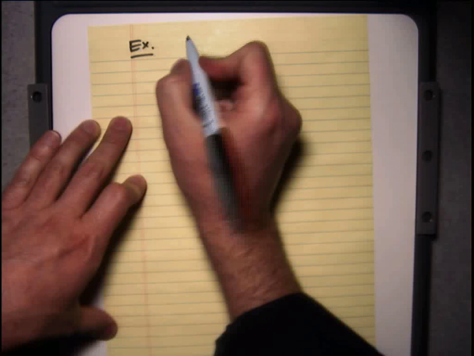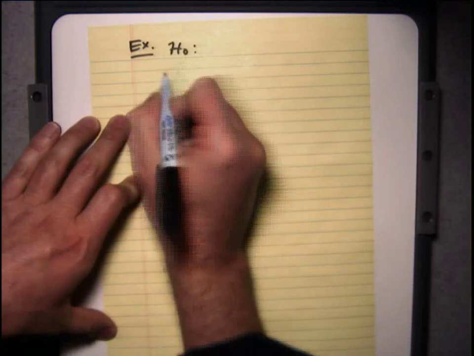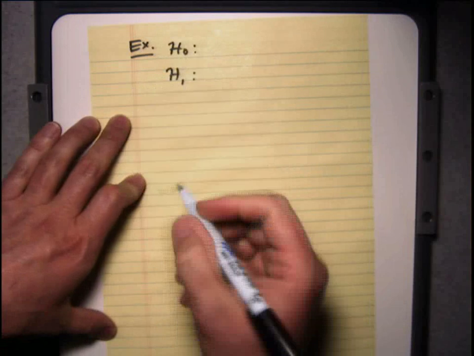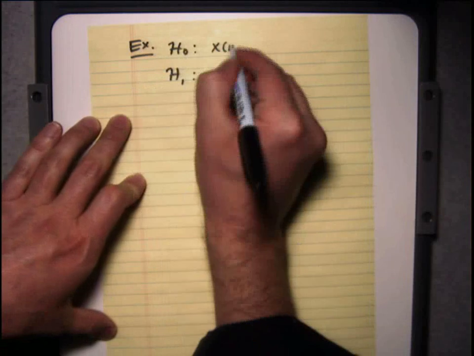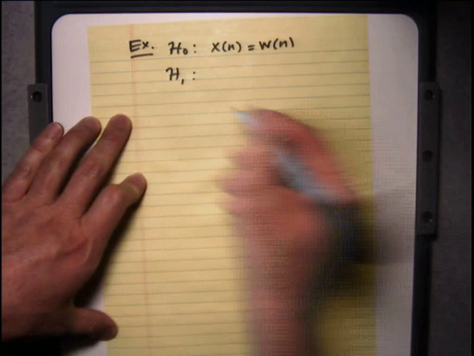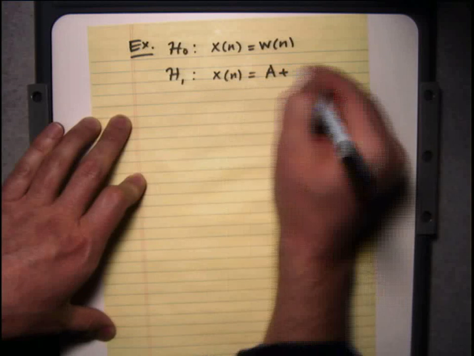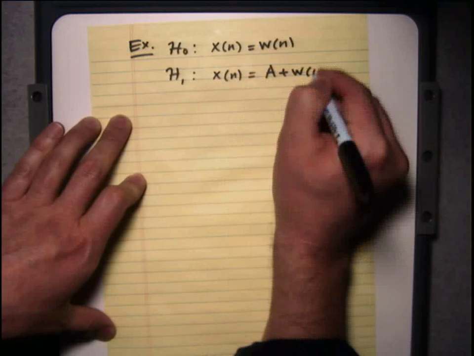Let's say I have two hypotheses, H0 and H1. Under H0, the data that I collect is just a bunch of noise samples. And under H1, the data that I collect is some constant plus noise samples.